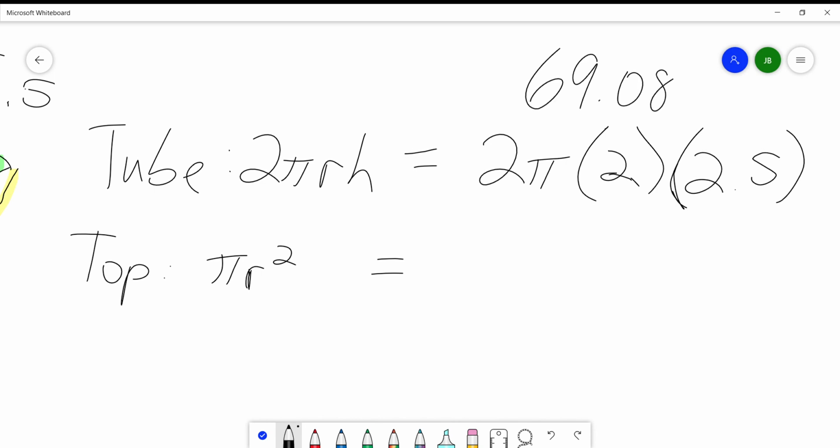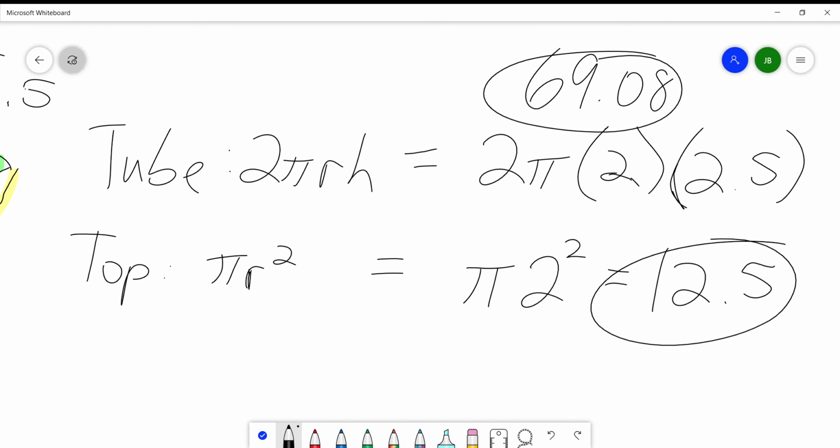And then the top is pi r squared. So the r is 2, and then we square the 2. So 4 times pi is 12.56. I think I might have mixed my numbers up because I did this out on paper first, and I'm just copying off of my paper. So then what do we do, guys? We add these two numbers together. And that's going to equal 81.64 centimeters squared.